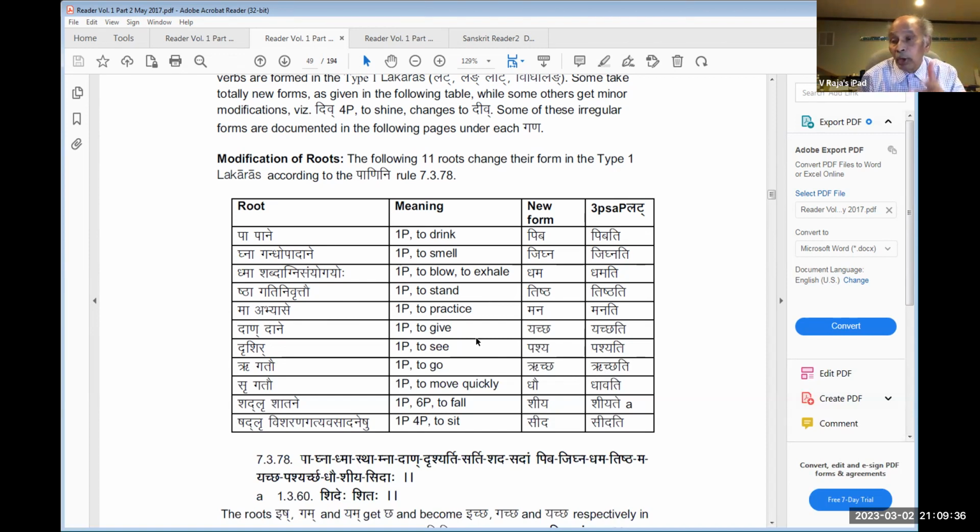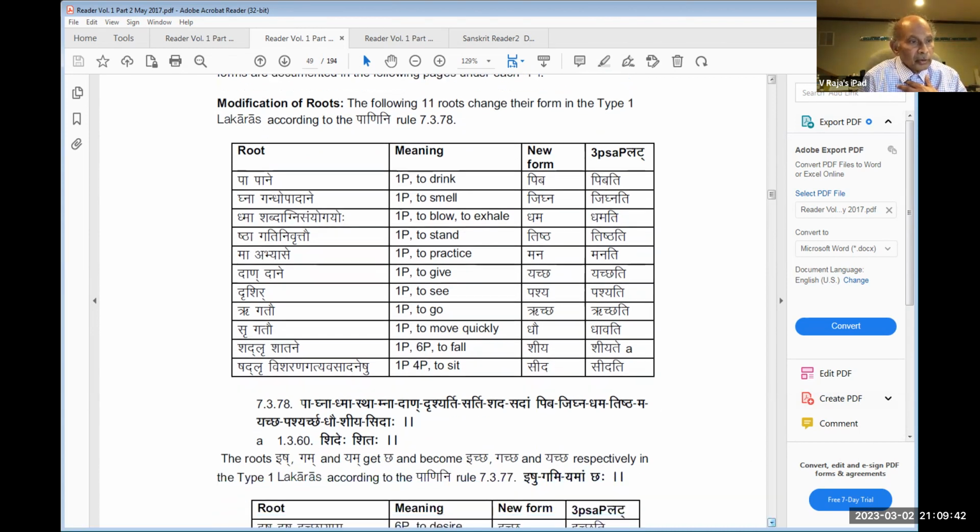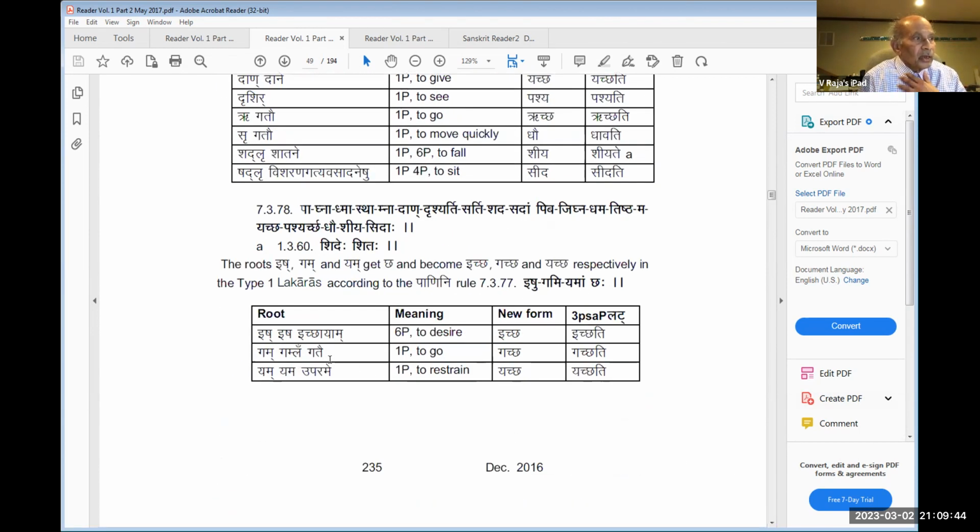In 2 classes you will remember all of them, because we are going to derive all of this. Things like ish, to desire; from there ichcha comes, everybody knows ichcha. And gam, to go, becomes gacha. And yam, to restrain, becomes yacha. That is why yama comes there, the Yamadeva.